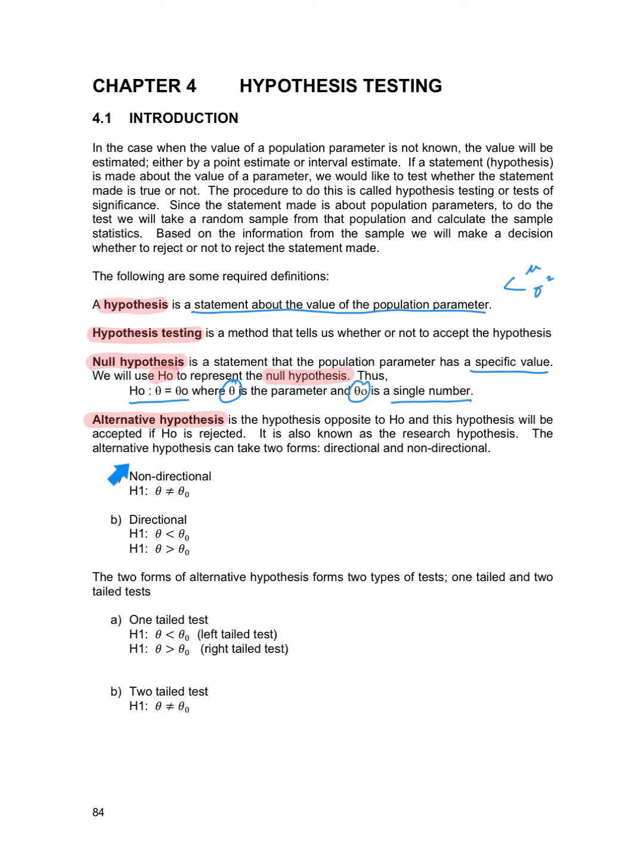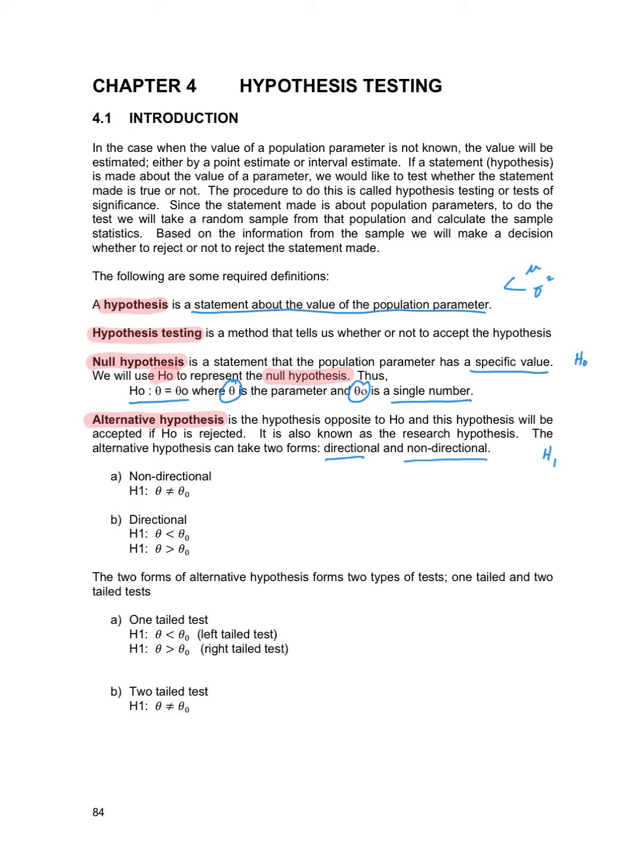The alternative hypothesis can take two forms, either directional or non-directional. So kalau null hypothesis tadi kita represent by H naught, untuk alternative hypothesis, we represent by H1. So ingat ya, null hypothesis is H naught, alternative hypothesis is H1.